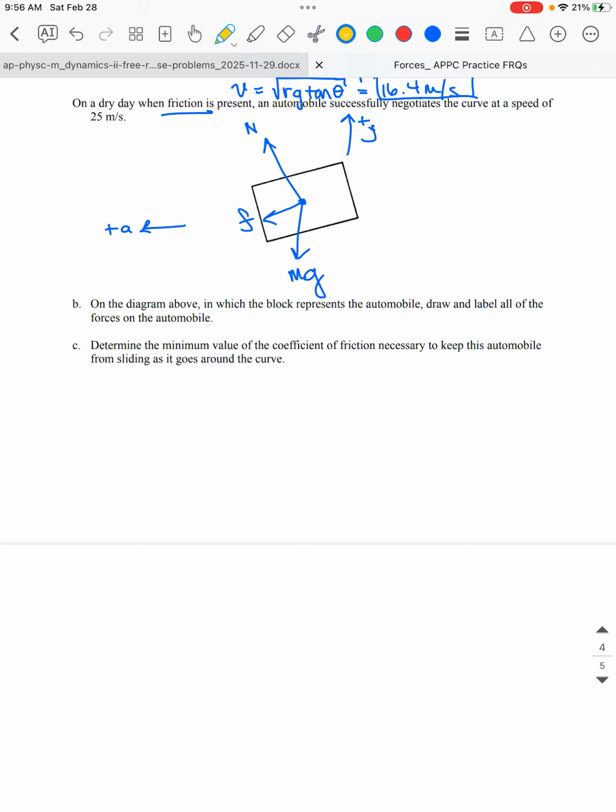So friction is going to go to the left and down. This will be my theta. For the normal force, it's going to go up and left. So this will be my theta. And all we have to do is break it up into x and y components.